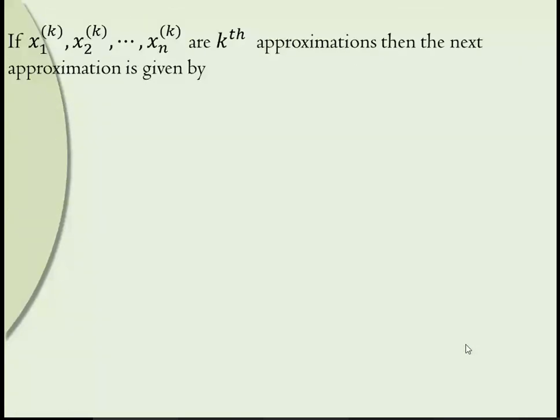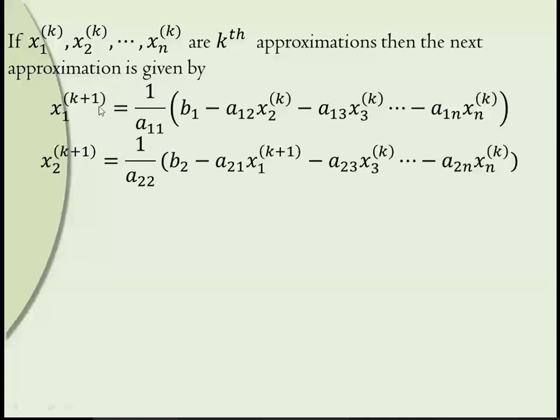Okay, so if we want to formulate it, what will be the kth iteration? For the first equation, no problem. We use the kth terms. This is actually the k plus 1 iteration. We use all kth terms as they are.